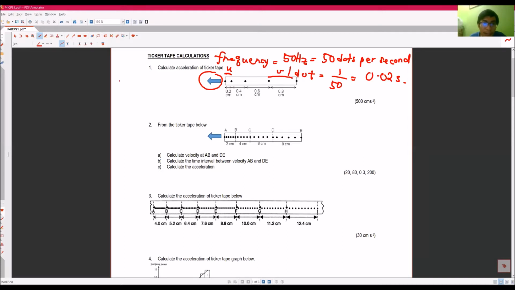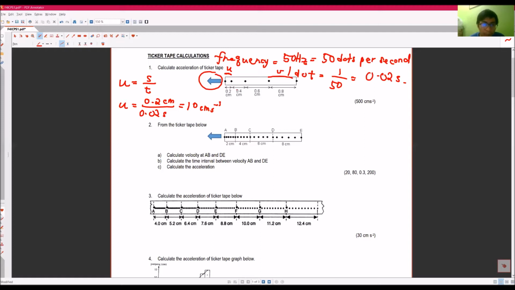To find the initial velocity, we use the formula displacement over time. We plug in 0.2 cm and the time taken between the two dots, which is 0.02 seconds. Plugging that into the calculator, we get 10 cm s^-1, the unit for velocity.